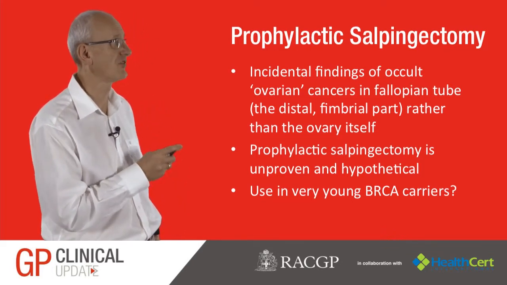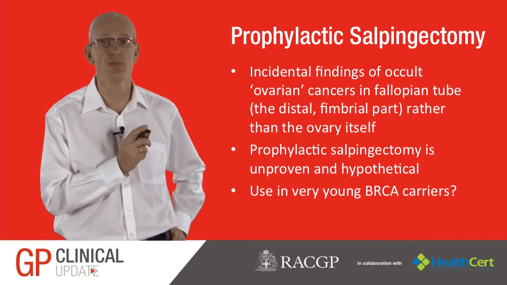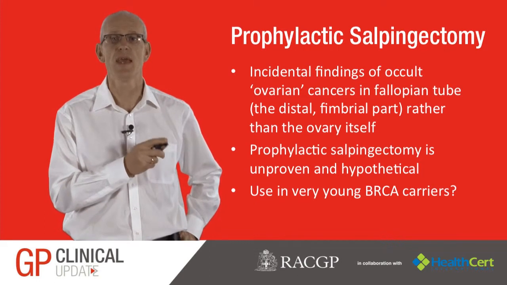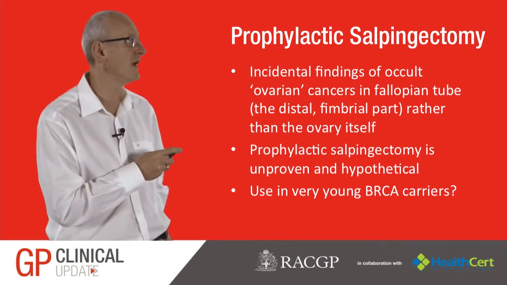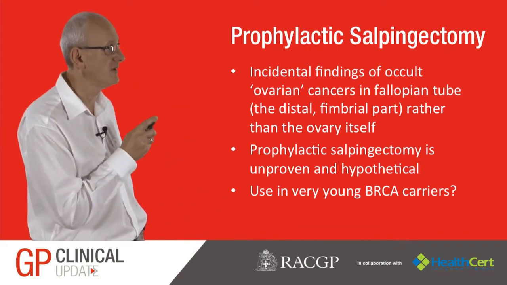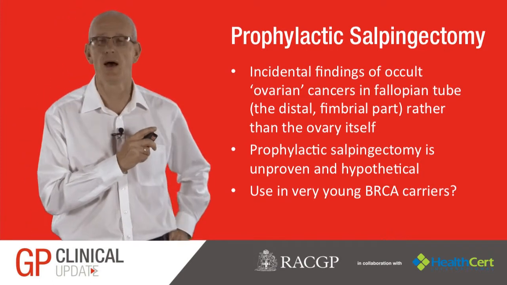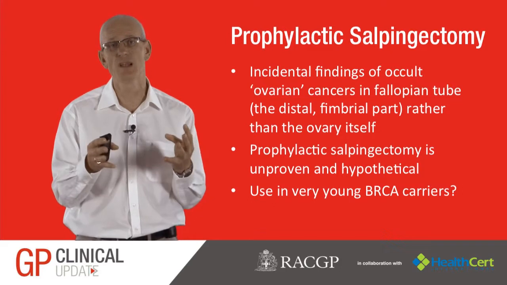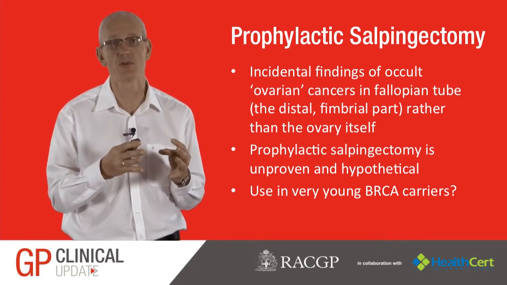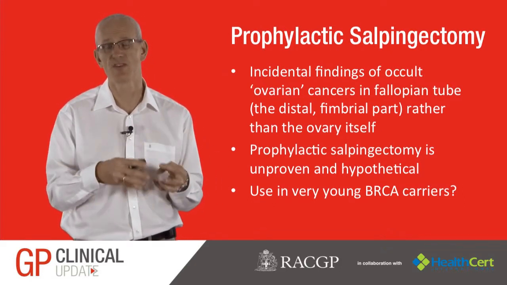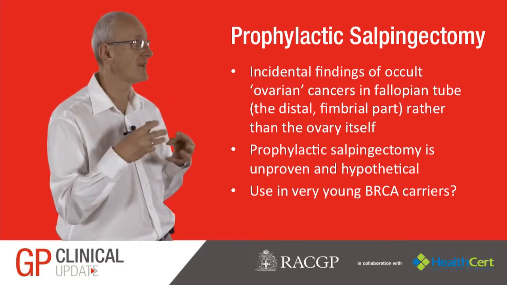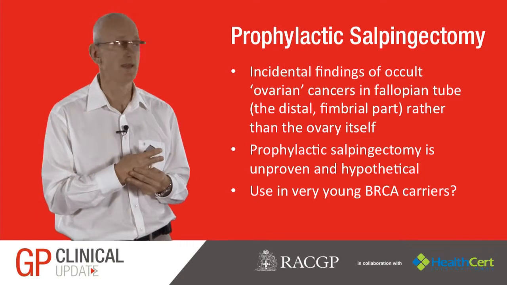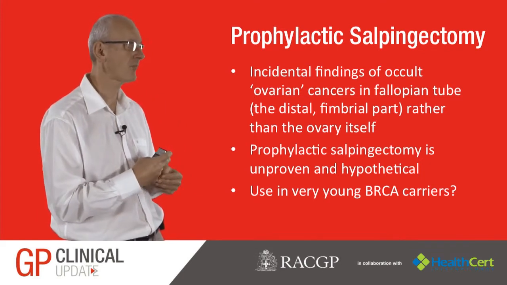The whole discussion came about because there were incidental findings of occult ovarian cancers within the fallopian tube, to be specific, in the distal fimbrial part of the fallopian tube rather than in the ovary itself. When we do prophylactic risk-reducing surgery, we remove the specimen and send it off for pathology, and they found incidental findings of fallopian tube cancers in a number of cases.